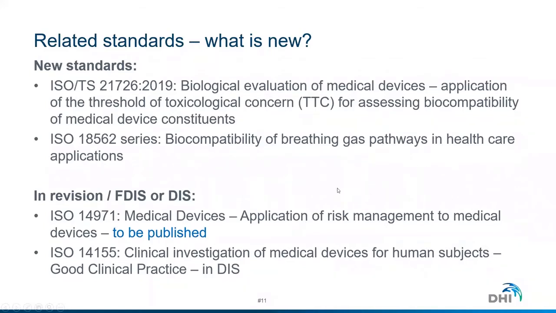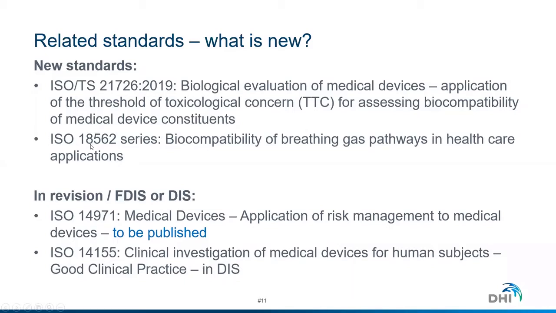Then there are other standards that are new and have come this year or in previous years. ISO technical standard 21726 came out in February this year, describing how to apply the threshold of toxicological concern when assessing biocompatibility for medical devices. It harmonizes the requirements with the ICH guidelines, and I think that's a benefit.